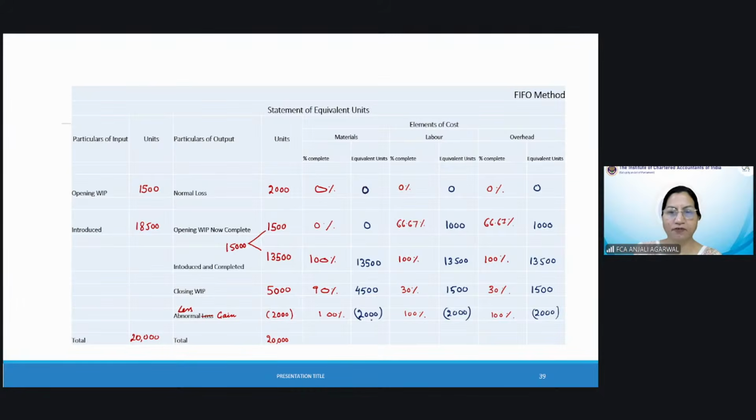So equivalent units of material, 13 plus 4, 17 and 18,000 minus 2,000, 16,000.